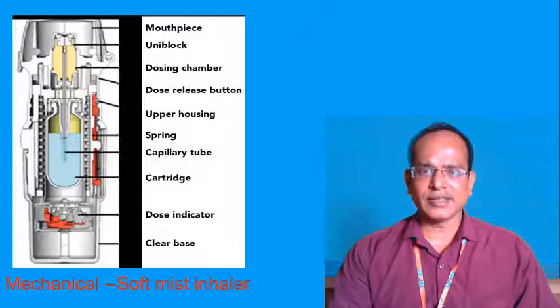When we press this dose release button one time, it releases a particular amount of dose to the patient. Here it has an upper housing, a spring to move up and down, and a capillary tube, which will inject the liquid upward. When pressure is applied on the liquid, it converts the liquid into vapor. The medication or drug is stored in a cartridge.